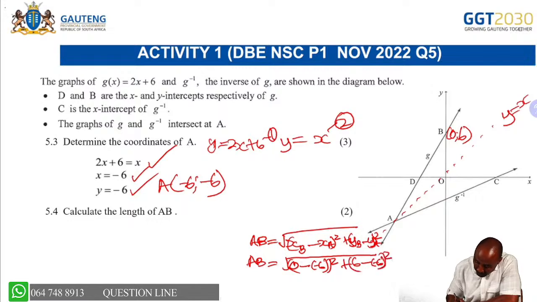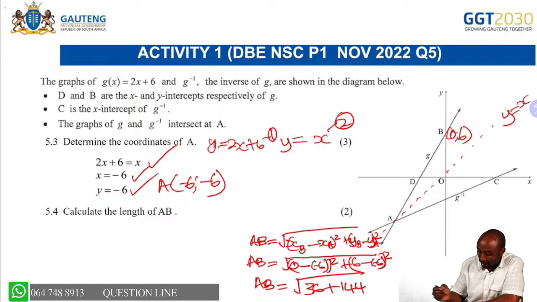We square that. 0 minus -6 will give us 6. 6 squared will give us 36 plus 6 minus -6 will give us 12. 12 squared will give us 144.